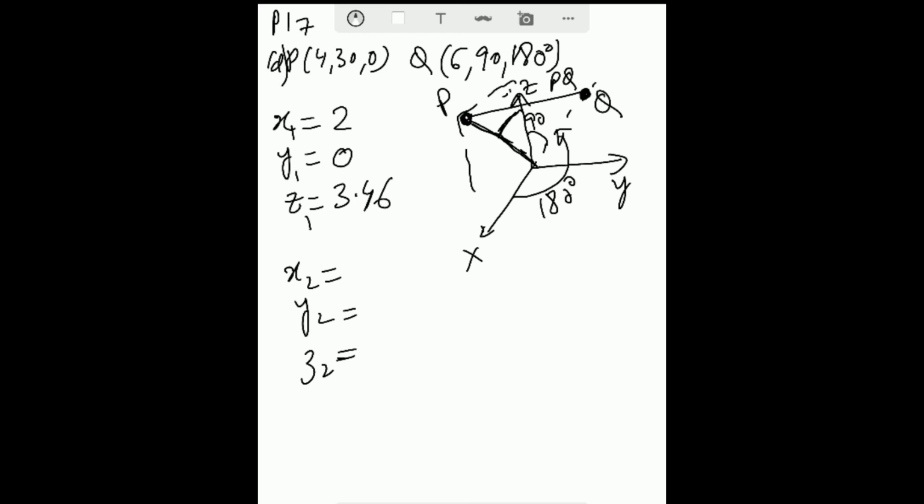Similarly x2 and y2: it's on this axis, so if I calculate r sine theta cosine phi, x should be negative. So x is equal to -6, y is again 0 because it is on the x-axis, and z is also 0.